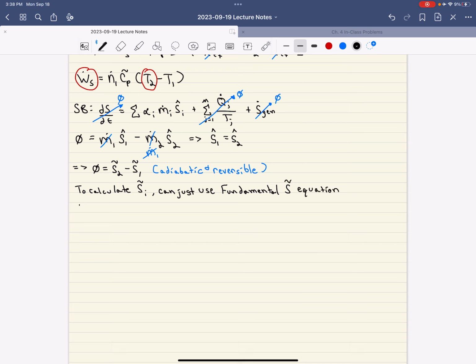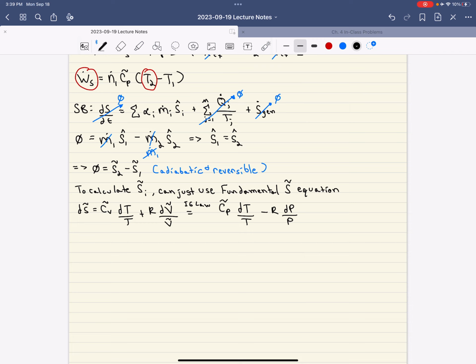So here, from our fundamental entropy equation, we have this. And we know if we're dealing with an ideal gas, we could simplify the equation to this. So now it's Cp dT over T minus R dP over P.